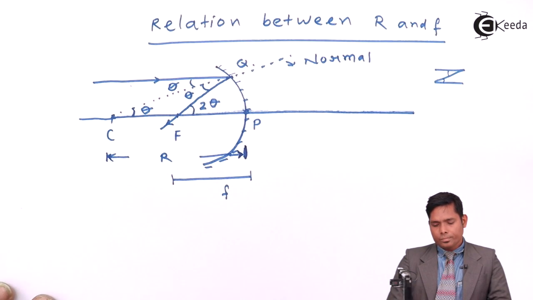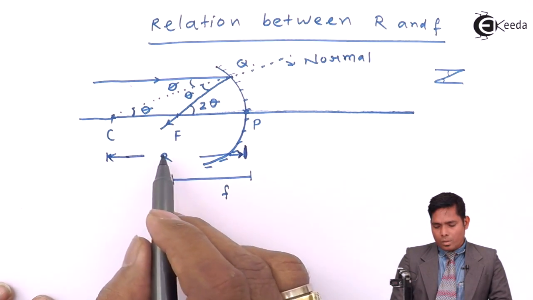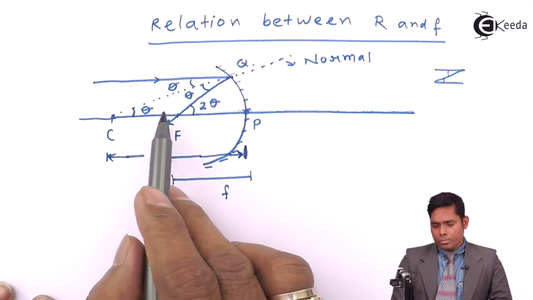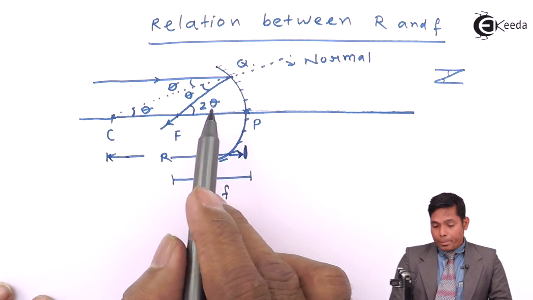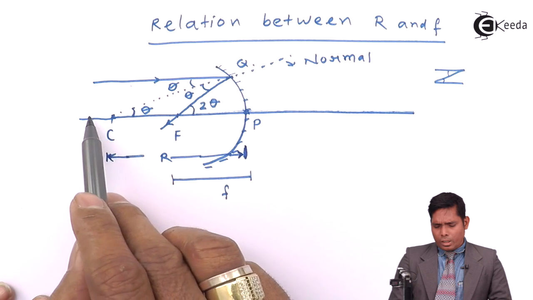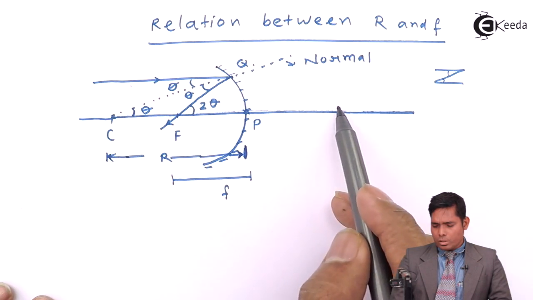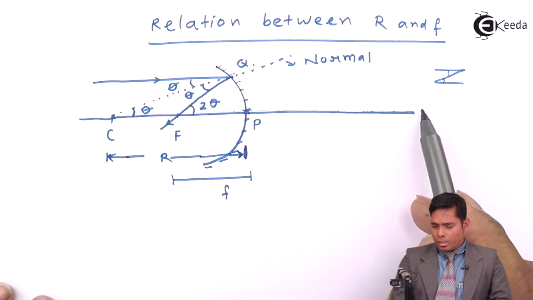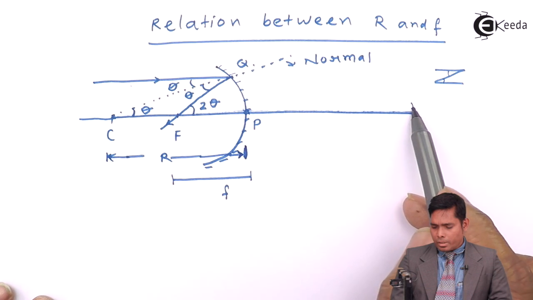Therefore, how will I have a relation between this length and this length? Because these are paraxial rays, this is very close to this. This ray is in fact striking the mirror at some very close point.